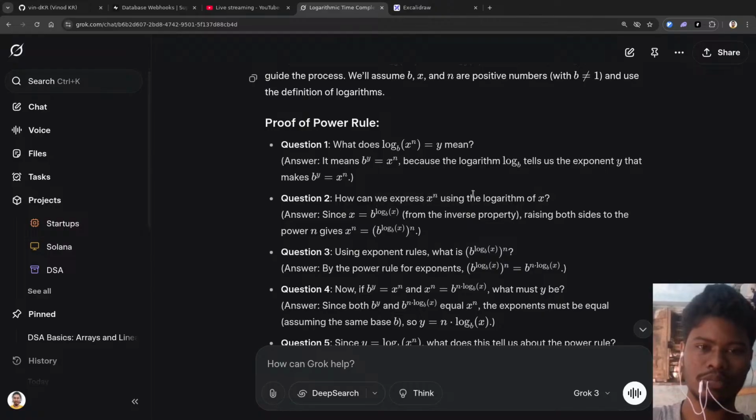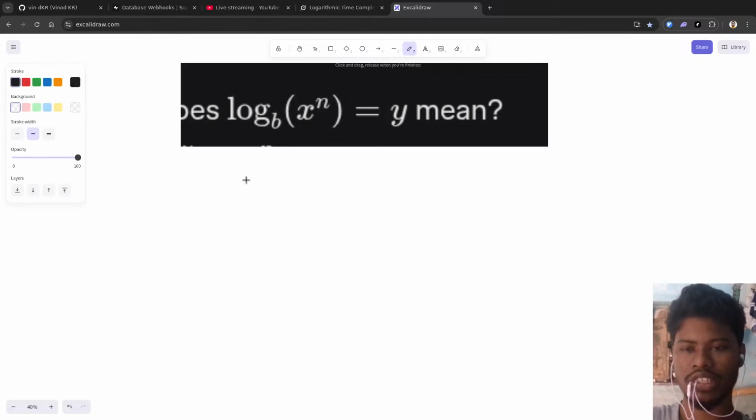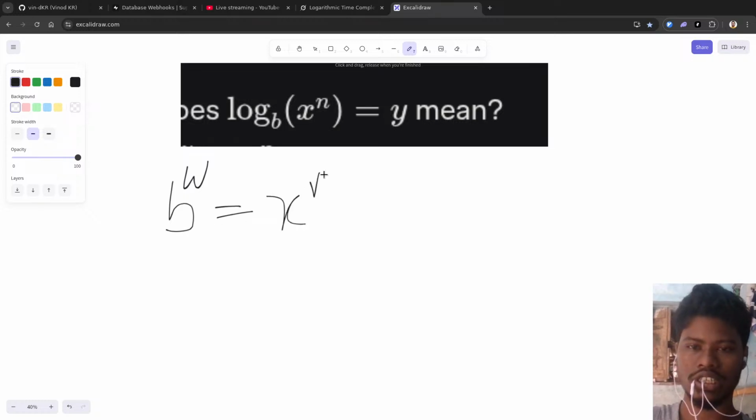So can we express this? What does that mean? The answer would be that b has something in the power that is equal to x to the power n. That's it.